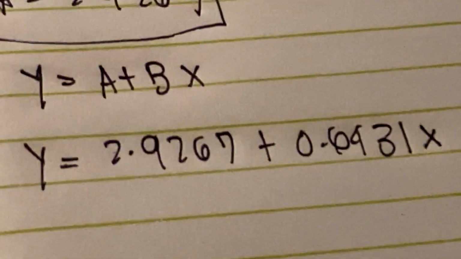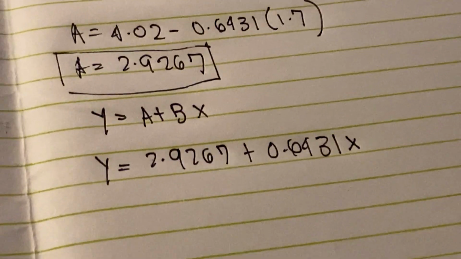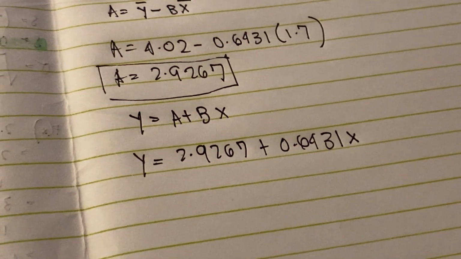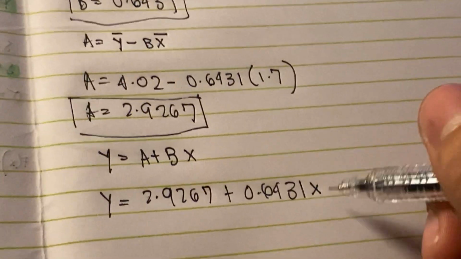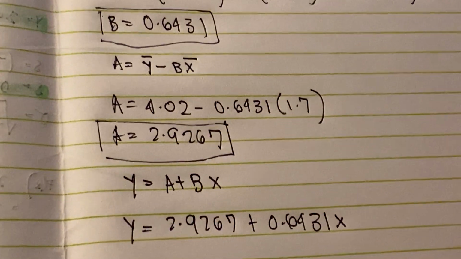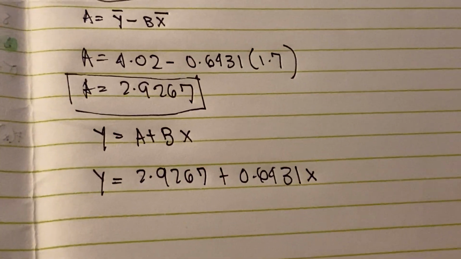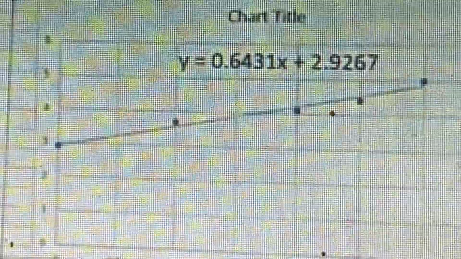And x lang siya kasi yung x is constant variable lang siya, wala siyang value. Ang purpose nito is para makita yung linear regression along the chart. So, ayan yung equation for the linear chart.